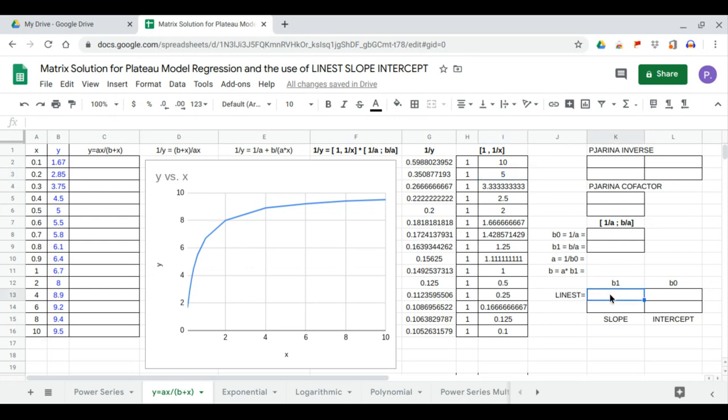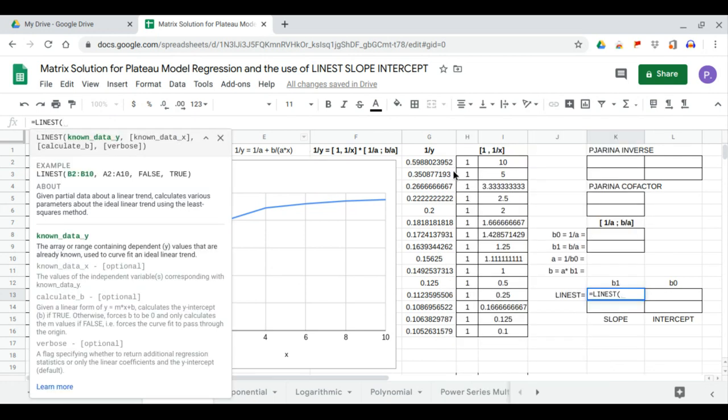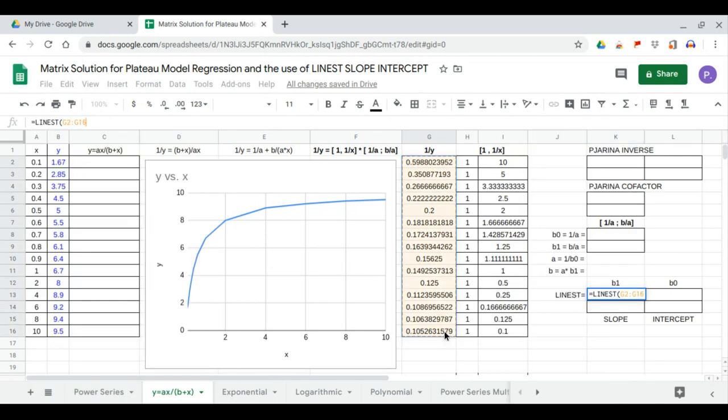We can use LINEST with the transformed data y and the transformed data x. So we have b0 and b1. We can also use slope.